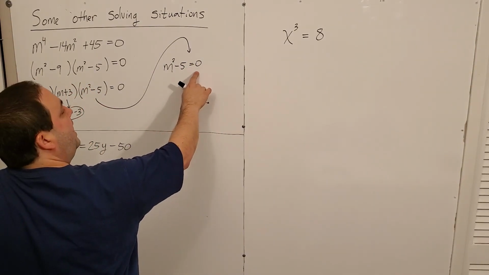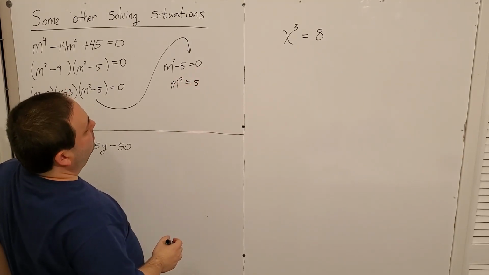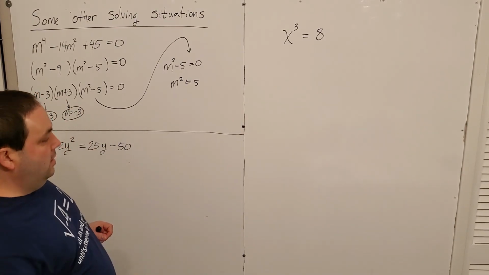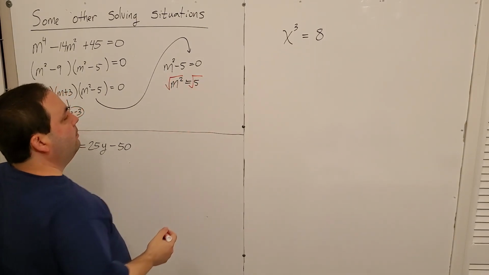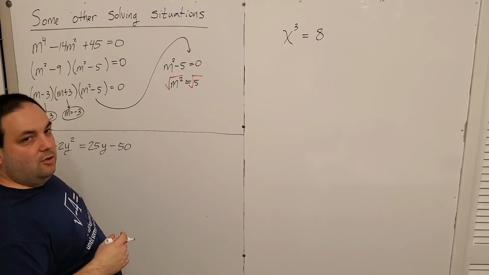Well, I'll just add the 5 over, like so. And then to get rid of the squared, I'll go ahead and introduce a square root. But remember, if you bring a radical to the party, he brings his buddies to crash the party.